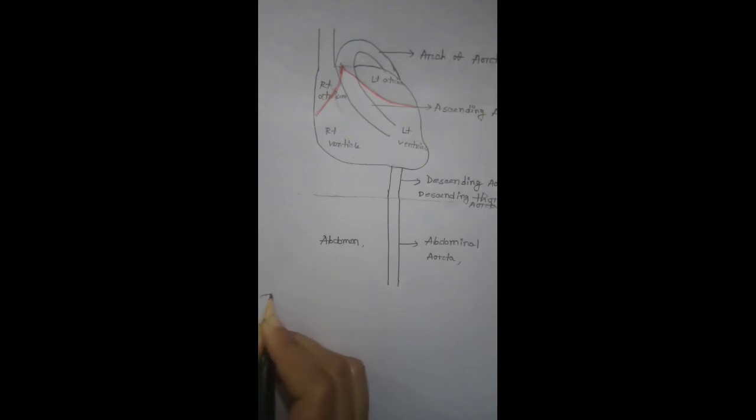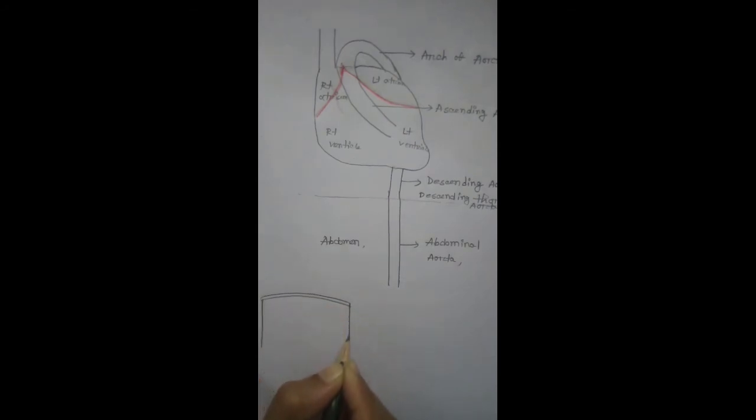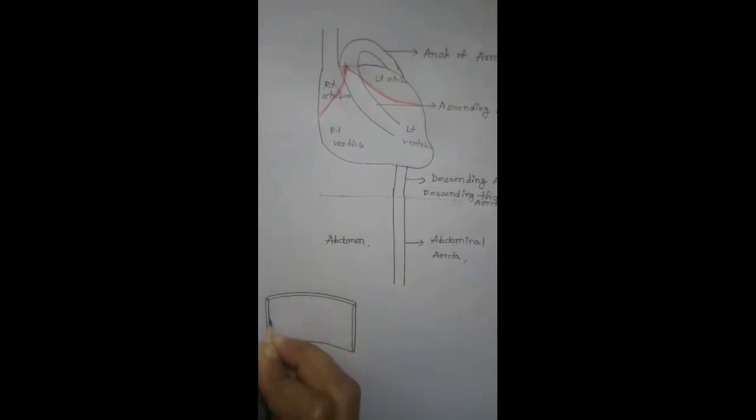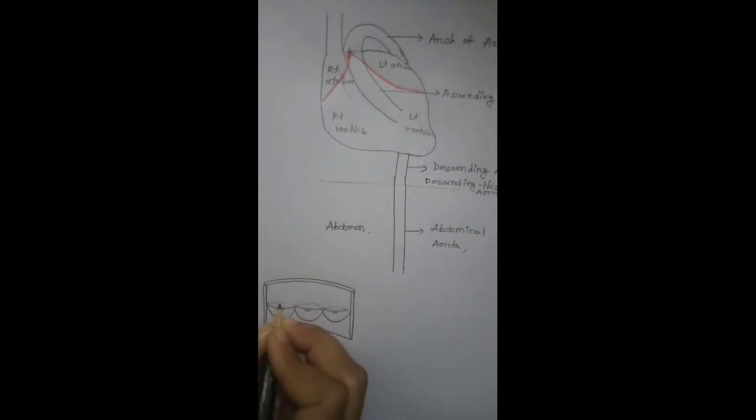Suppose it is the inner wall of aorta, and there are three bag-like structures. Within the bag-like structure, these are called sinus.